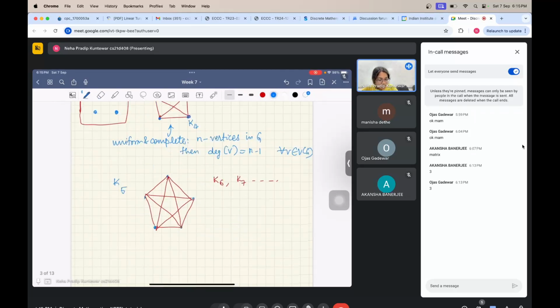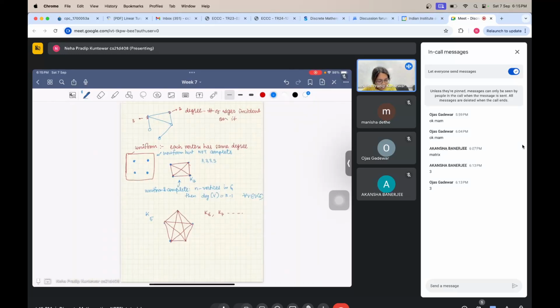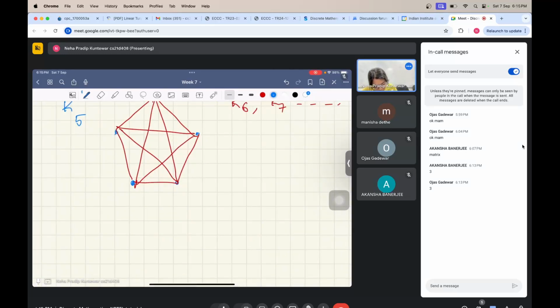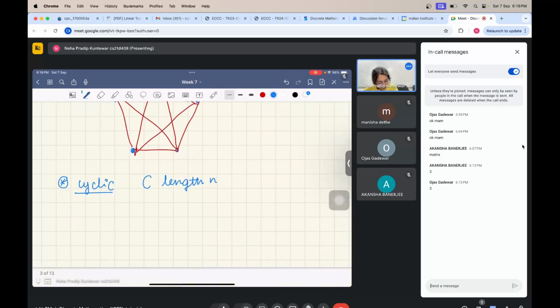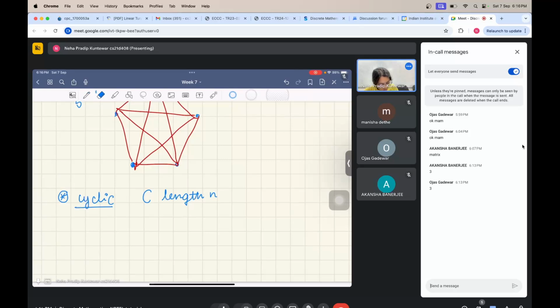And the third thing that we will define is what is called a cyclic graph. A cyclic graph is simple. You say C is a cycle of length n if you have n vertices, and say in this case I have 5 vertices.